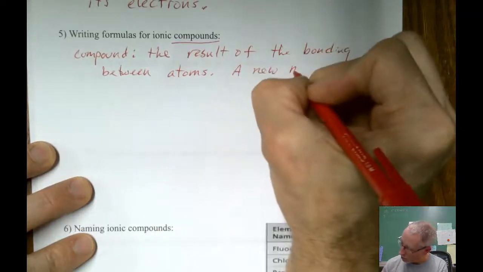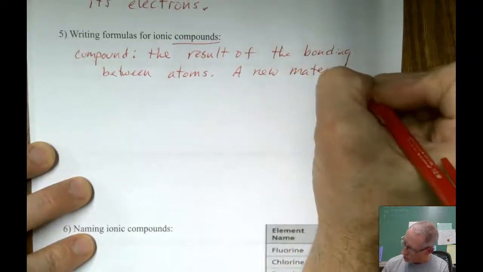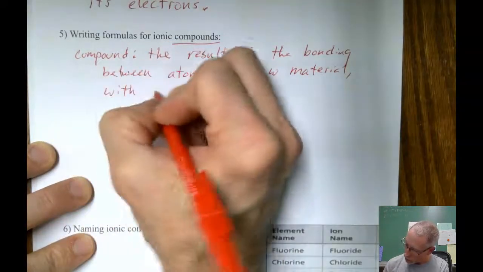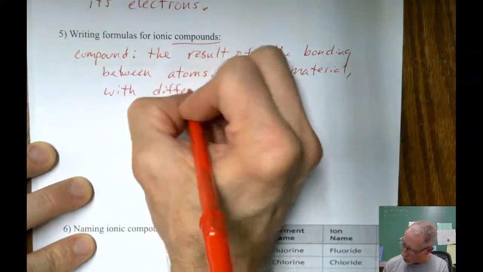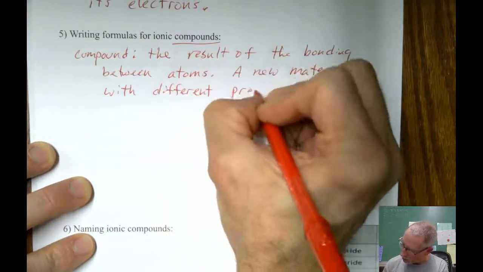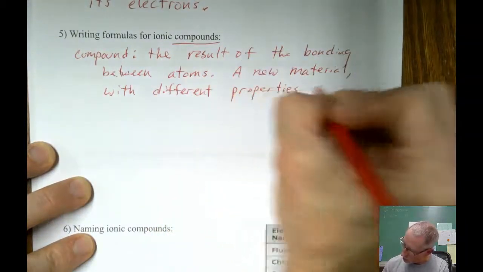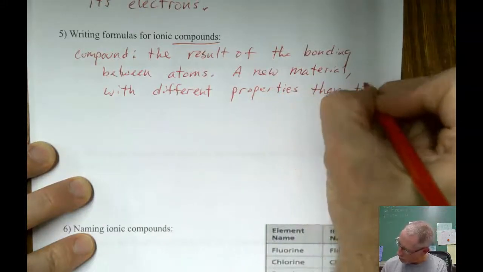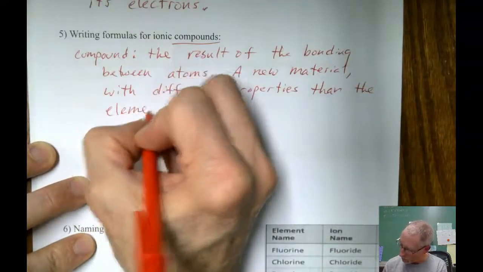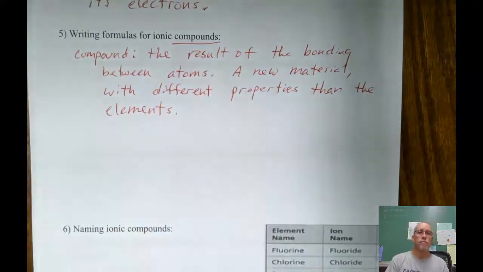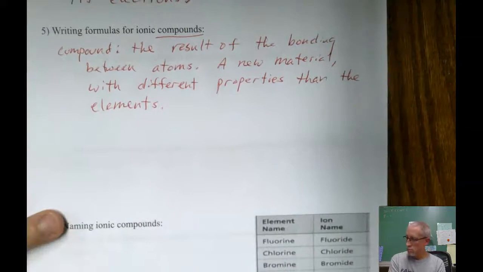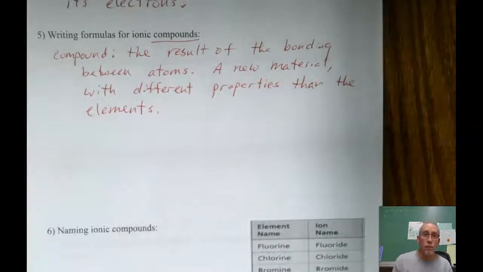It's a new material with different properties than the elements. So every time this bonding happens, you form a new substance. It looks different. It behaves differently. It's got totally different characteristics or properties. Okay, that's what we call a compound.